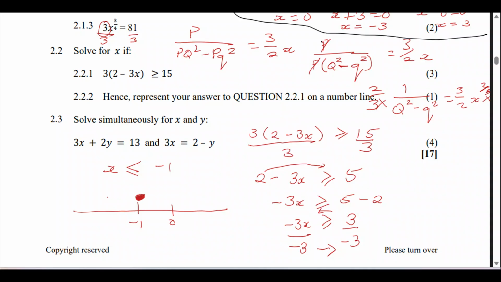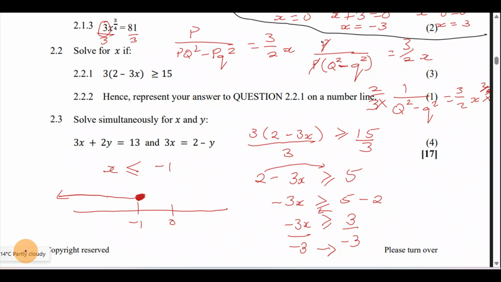If they just said x is less than minus 1, we would have an open one, but because it's less or equal, we have a shaded one. It's less, meaning we're going in that direction. And that will be your number line.